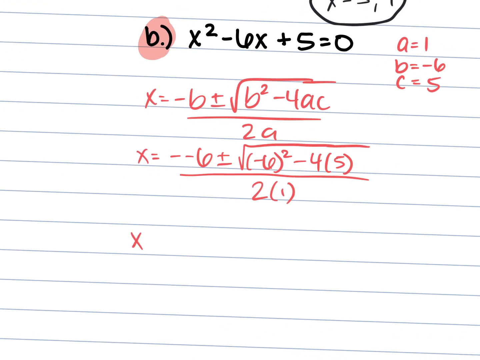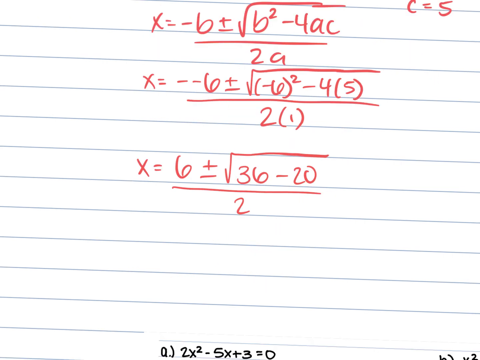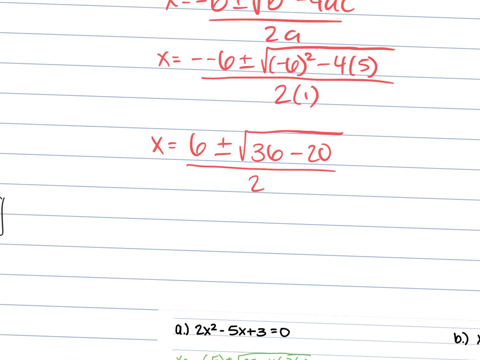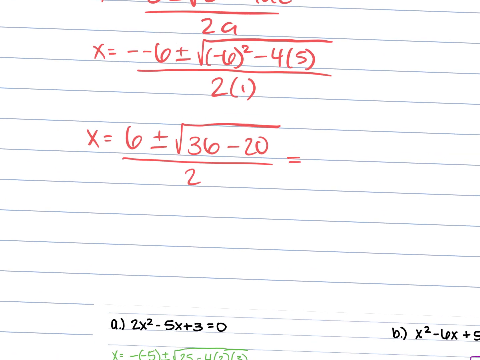And you already said that this was a positive 6, right? Yeah. And then plus or minus, and then I squared negative 6, which gave me 36, minus 20, and then over 2. And then I subtracted 36 minus 20, which gave me 16, plus or minus the square root of 16 over 2, and then I square rooted 16 to 4.